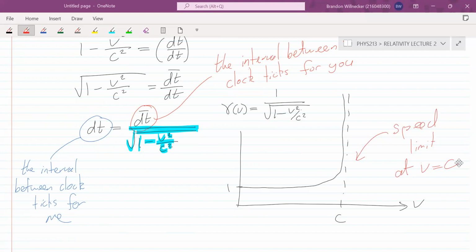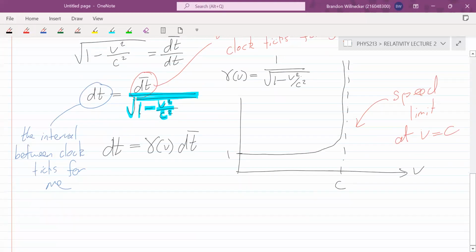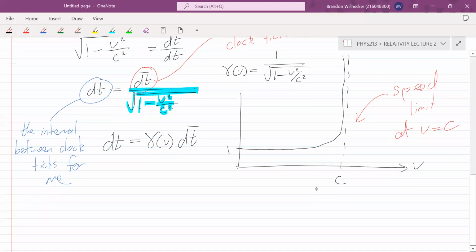So that's this gamma, and we see that's the relationship between these two. So we've got dt, that's for me, is gamma of v, which depends on my velocity, because I'm the one moving, times dt bar. So what does this mean?